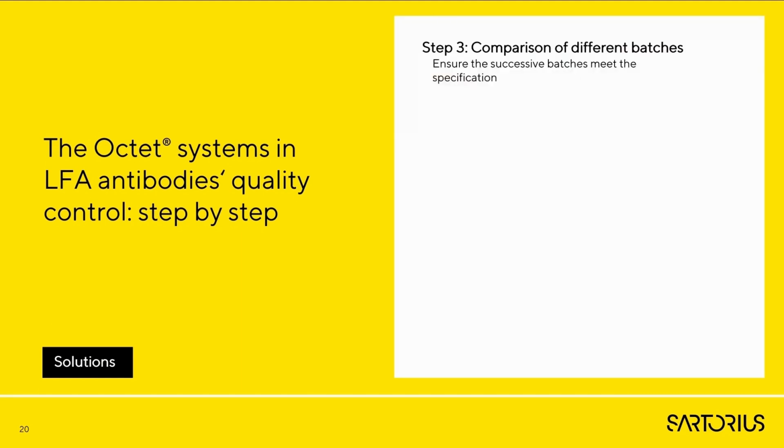The batch quality of antibodies is crucial for reproducible test results. Octet allows comparison of antibodies from different batches, which ensures successive batches meet the specification. The test can be easily performed with immobilized antibodies on biosensor tips and a titration series of antigen.